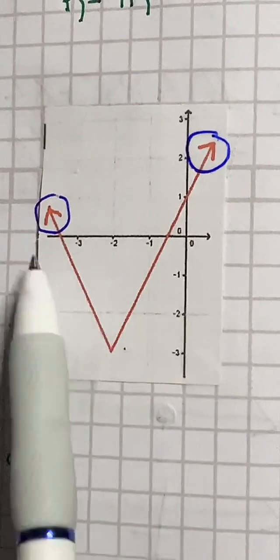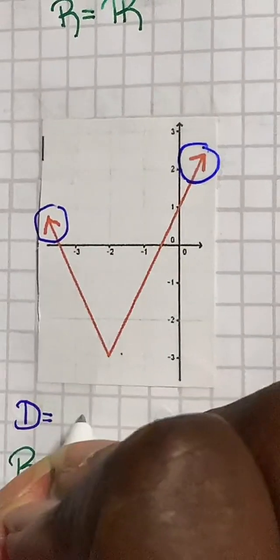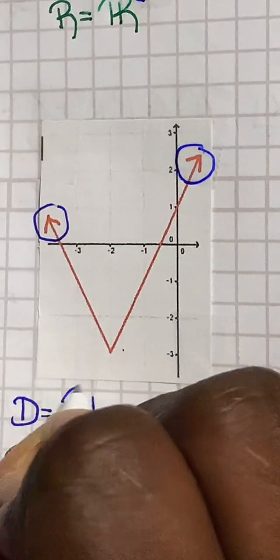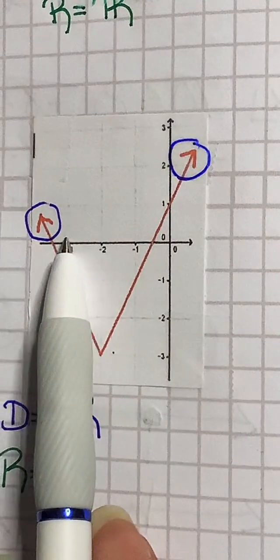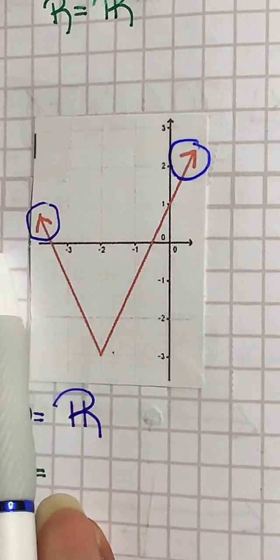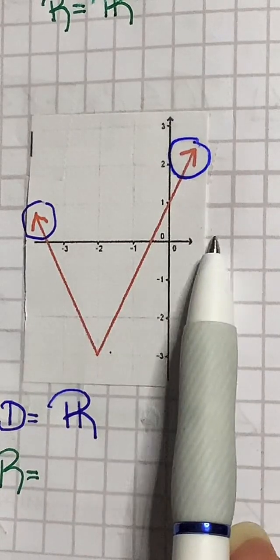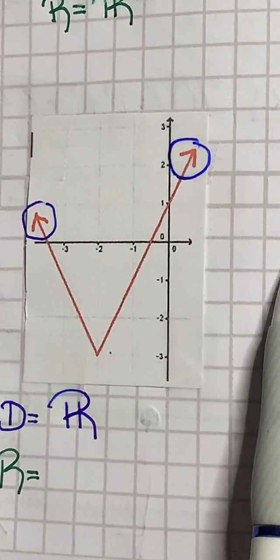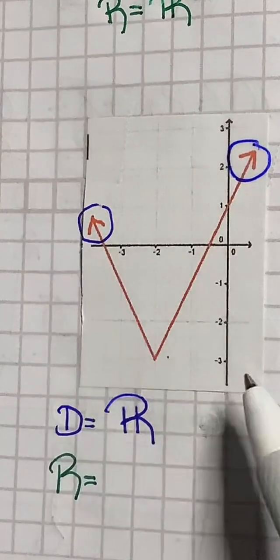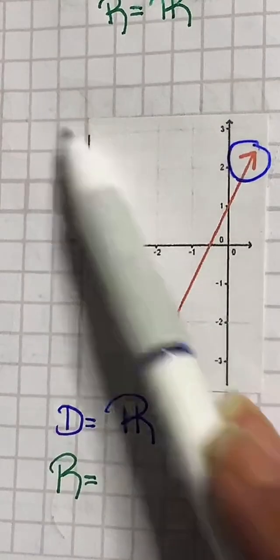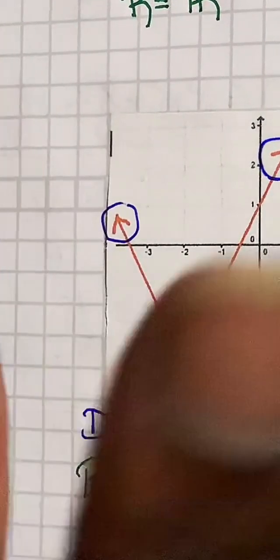So it's covering all of my x's. So this is where you can use your double R. Okay? So your domain is covering all of your x's all the way to negative infinity and all of your x's all the way to positive infinity. Okay? So your arrowhead is telling you there's no stopping point. It keeps going and growing and expands out.